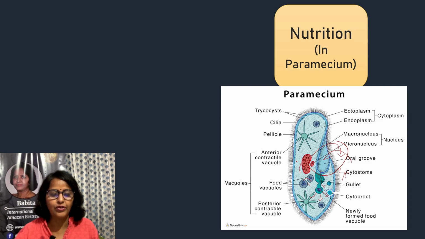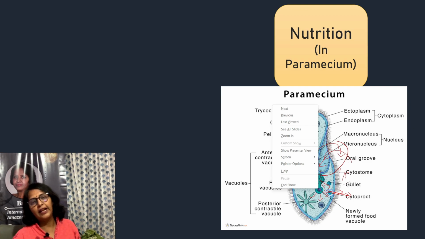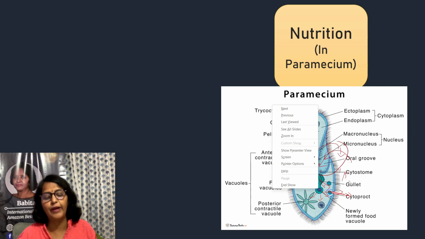It goes on shortening, and finally it reaches this place and it is thrown out from here. So egestion takes place from here. Ingestion takes place from here, egestion takes place from here, and the food vacuole receives the digestive enzyme that will help in digestion of the food which has been received.